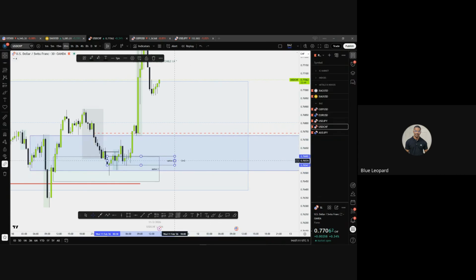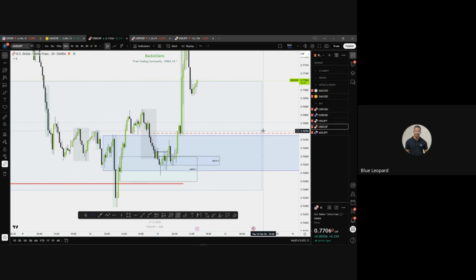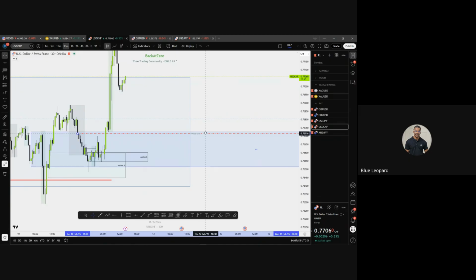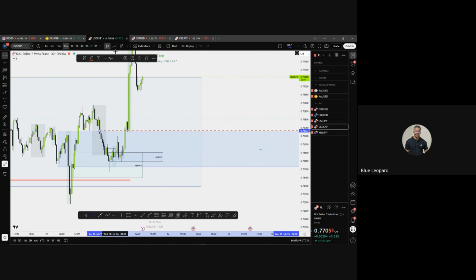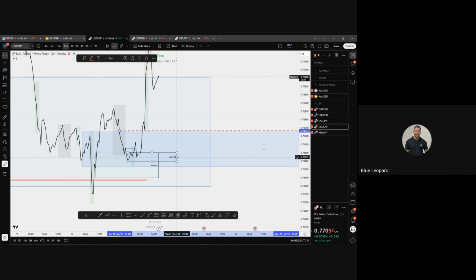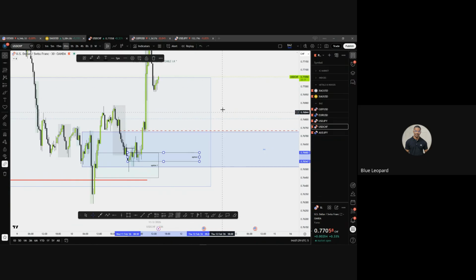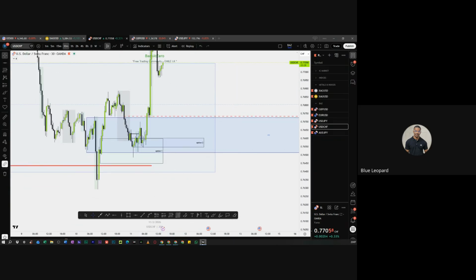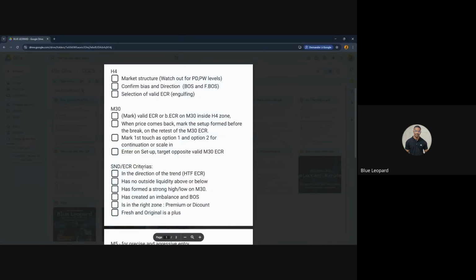This case is a little bit complex, but I had to show you this because I want you to know, when you reach a certain level and you don't understand what's going on, you go on a line chart, and the first break of structure out of this H4 zone will be your option 2.